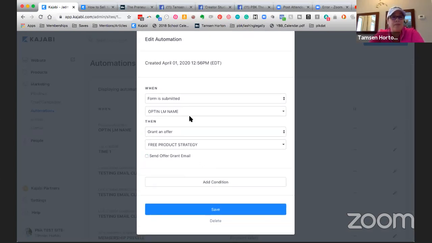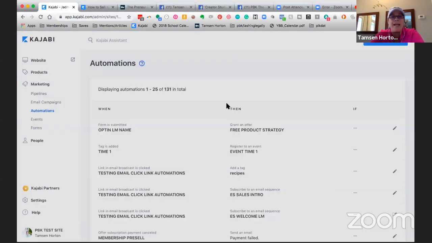But if I'm going this route, if I'm having a form grant the offer, they are never going to see the offer checkout page to create their username and password. They no longer have that choice. So if I want them to make their username and password, I need to send them to the offer checkout page.